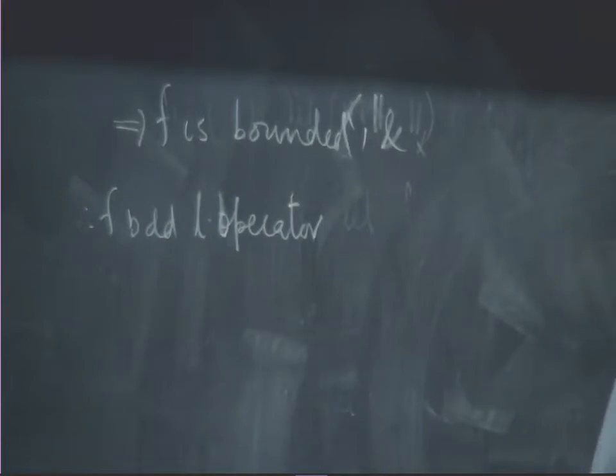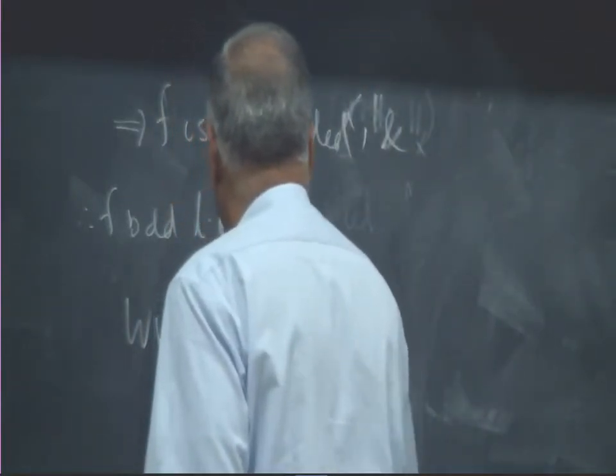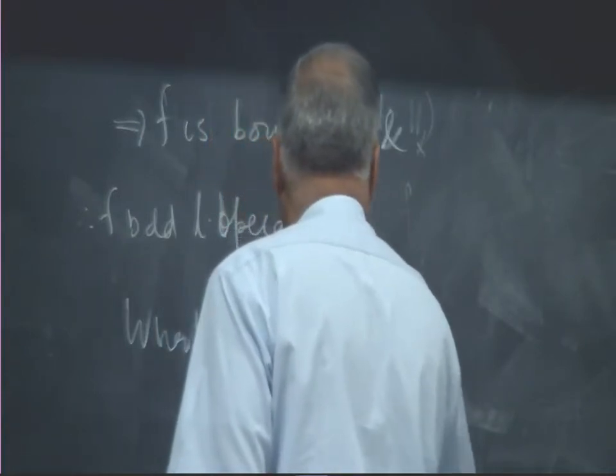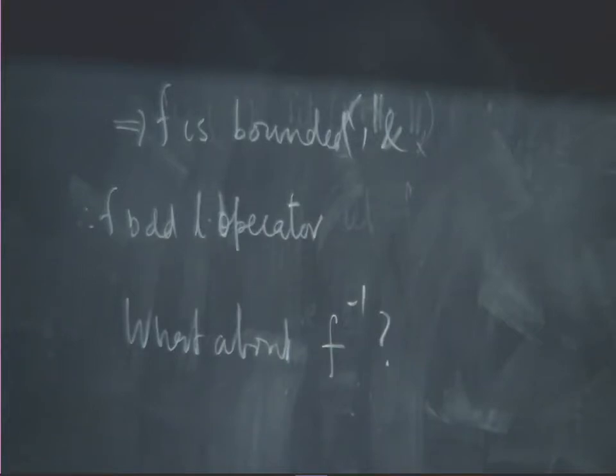So the question is, what about the inverse? I will go through this carefully. The inverse means, first of all, a priori I need one-one and onto. Is it one-one?